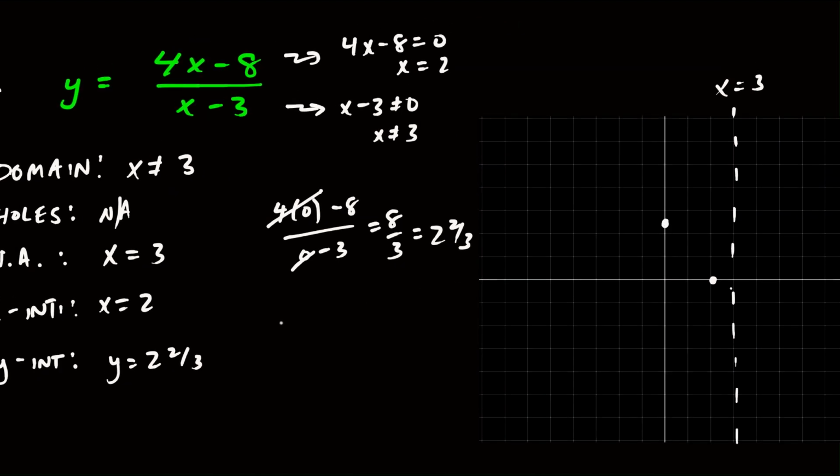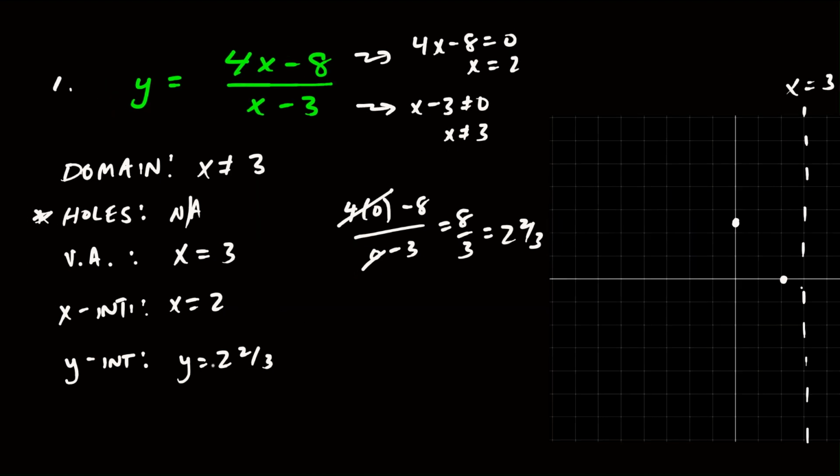Now the last thing we said we're going to look at is the horizontal asymptote. Now for the horizontal asymptote, that's when we just compare the degrees. Now notice the highest degree term of the numerator is 4x, and the highest degree term of the denominator is x. So really what we have is, in the long run, the 4x and the x are going to be what matters.